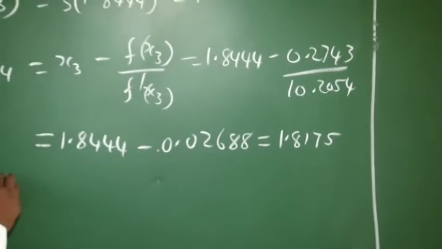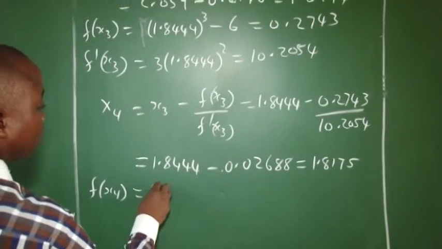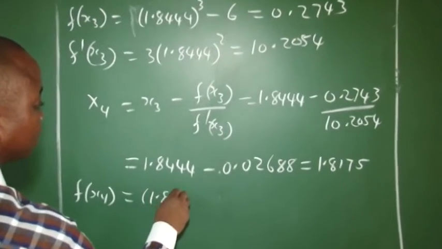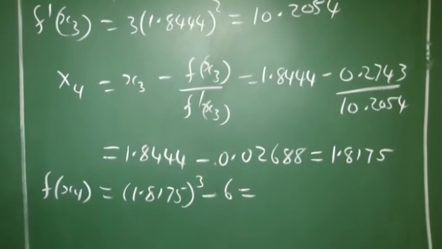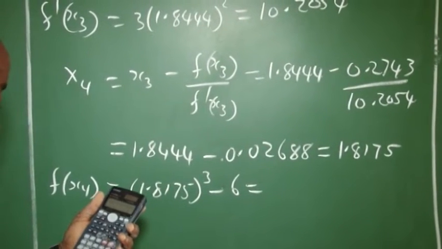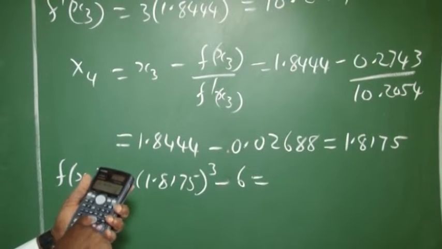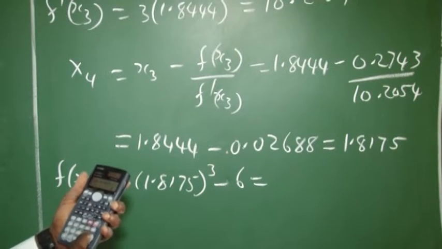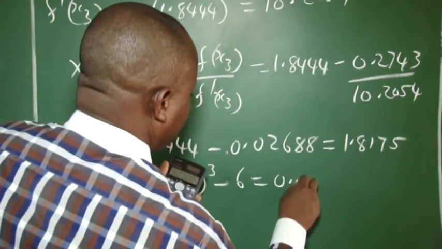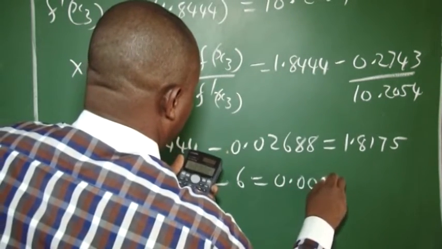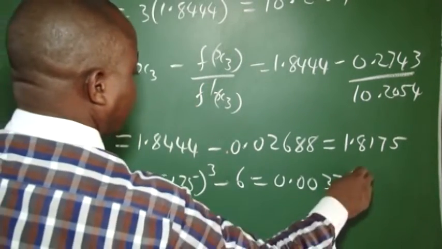Now f of x4 will be equal to 1.8175 cubed minus 6. We compute that, and it gives us 0.00376.